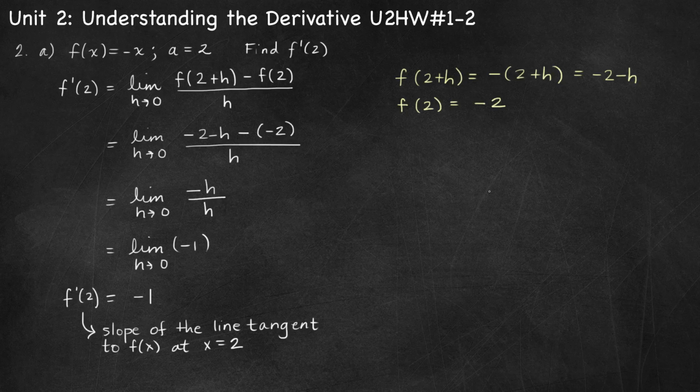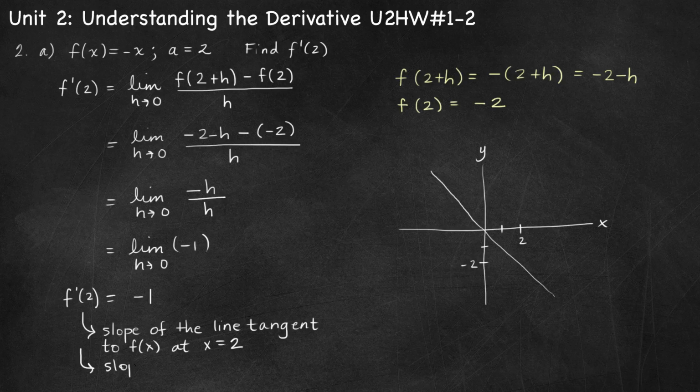So if we consider the graph of y equals -x, y equals -x is a line that passes through the origin, has a slope of -1. So here's 2, -2. So what is the slope of the line tangent to f at x equals 2? Or remember, we can also just think of that as the slope of the curve.